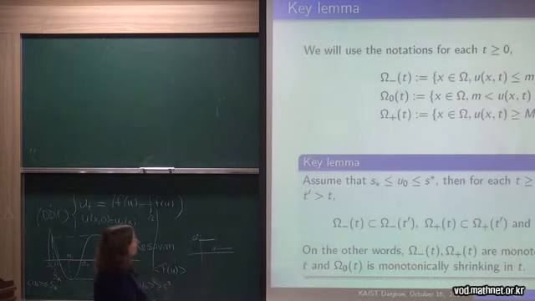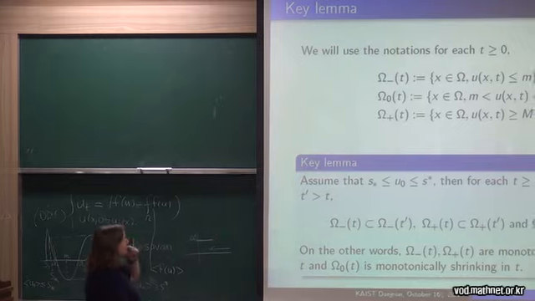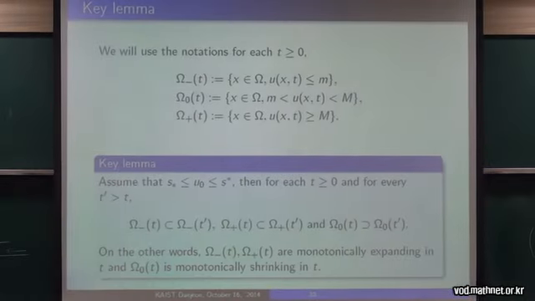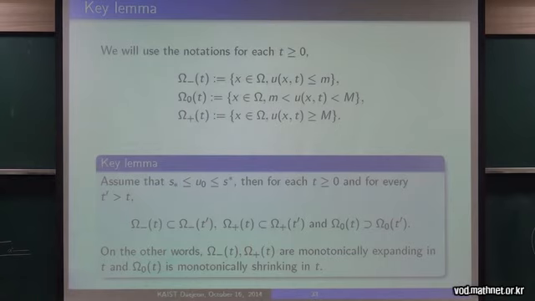Now I will show you a key lemma, which again has the form of a monotonicity lemma, and where small m and capital M have a key role. We call omega minus of t the set of points where U is less than small m, omega naught the set of points where U is between small m and capital M, and omega plus of t the set of points where U is larger than capital M. Our key lemma is the following.